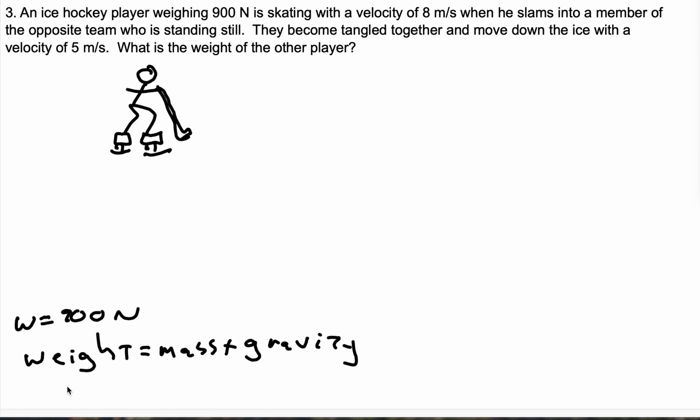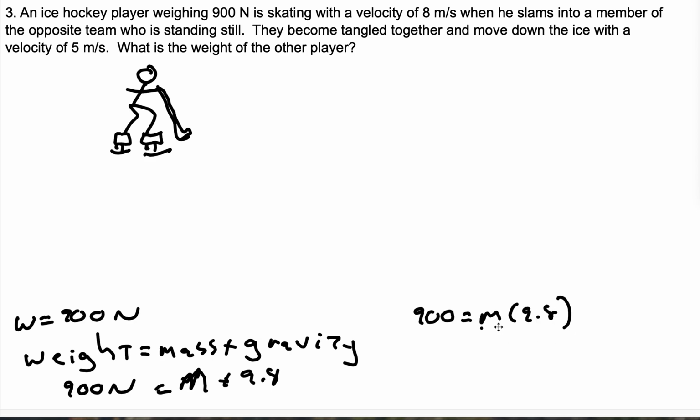So if someone had a weight of 900 newtons and I wanted to know their mass, if I'm doing the algebra, 900 equals m times 9.8. I want to get rid of the 9.8, get m by itself.